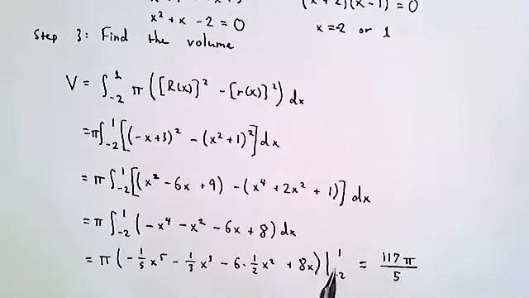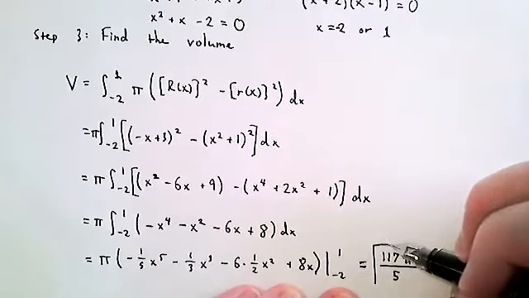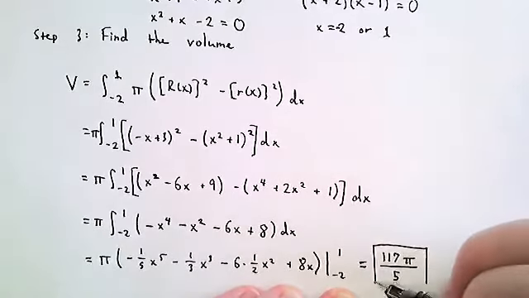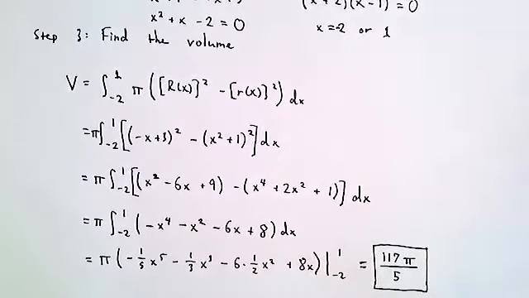So once you plug these two numbers in and subtract, you'll get 117 pi over 5. So that's the volume of this three-dimensional object once we rotate around the x-axis.